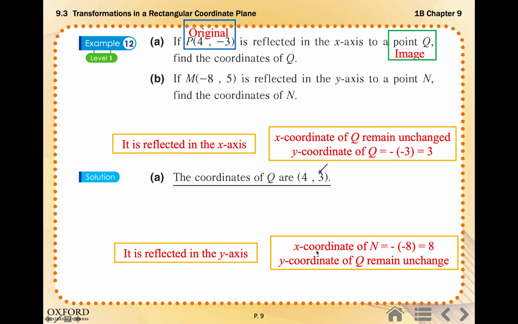That's why the x-coordinate of N is 8. And next, the y-coordinate should remain unchanged. And that's why I can get the answer here. Then I can write down the coordinates of N as 8 and 5.